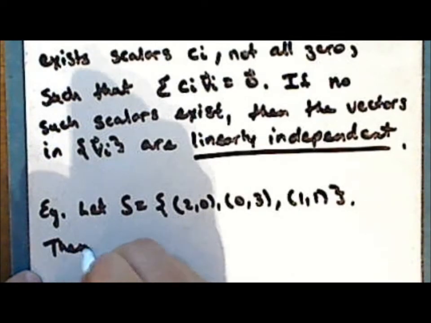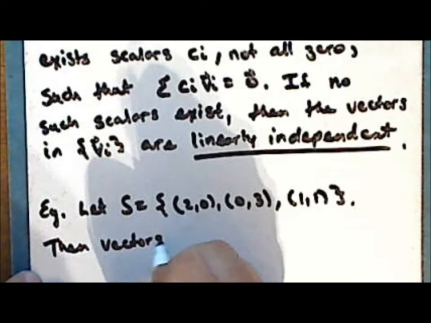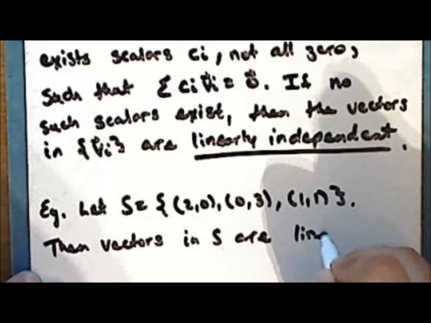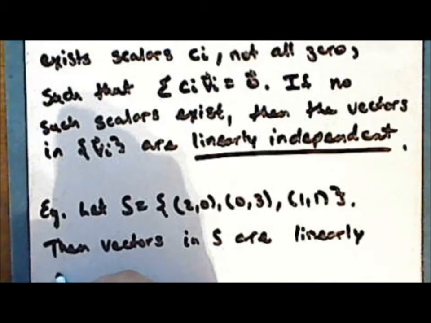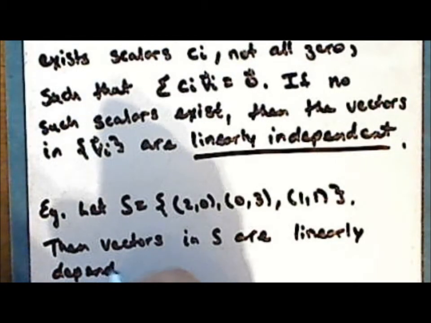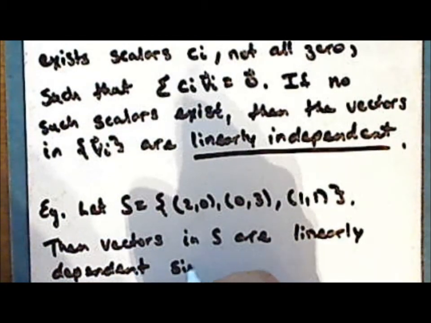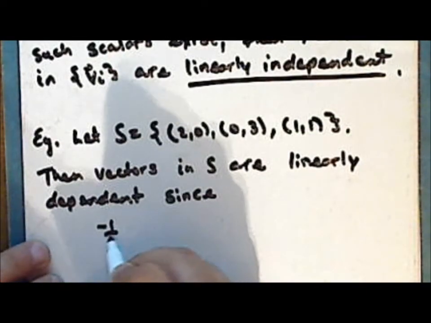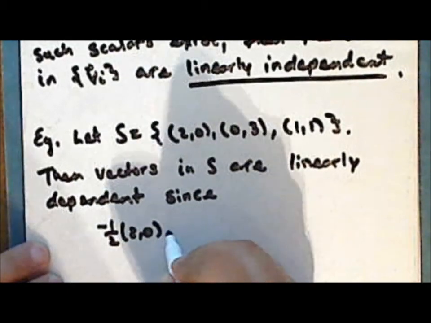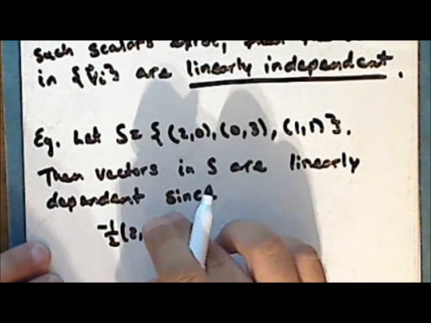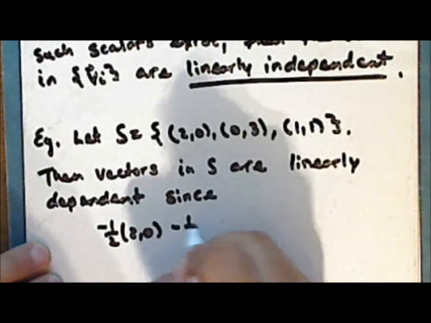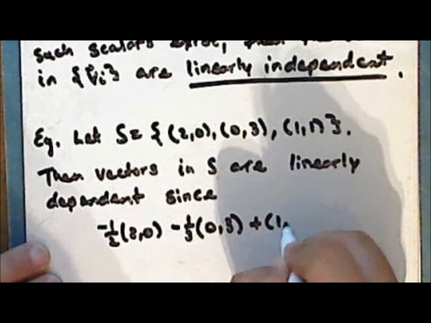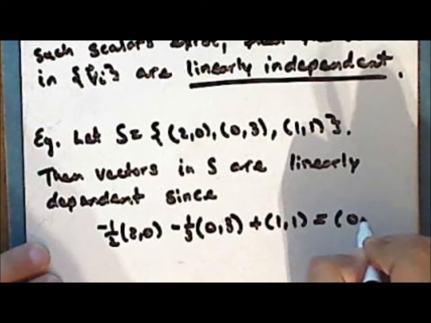Then the vectors in S are linearly dependent since negative 1/2 times the vector (2, 0) plus, or we could say minus 1/3 times the vector (0, 3) plus the vector (1, 1) is the 0 vector.